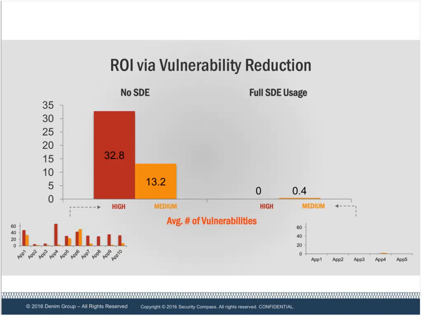This is a set of data that we got from customers where they surveyed some applications that were not onboarded into SDE versus a similar set of applications that were onboarded into SDE, and the difference was stark. There are much fewer vulnerabilities or findings at the release stage, which translates directly to cost.